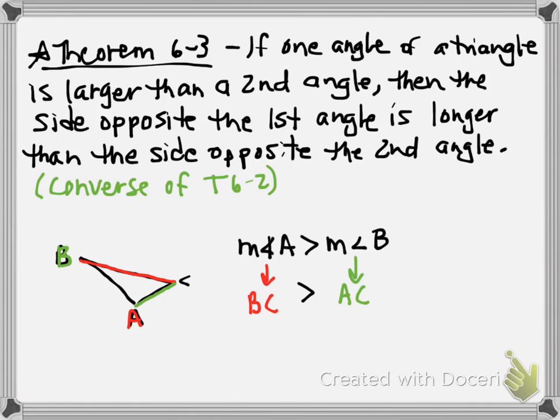We can see that. The side that's created by measure of angle A is side BC. We know that measure of angle A is greater than the measure of angle B. And the side that's created by angle B is the side AC. So the relationship that exists between the two angles, where A is larger than angle B, exists between their corresponding sides, where the length of BC has to be greater than the length of AC. Okay?